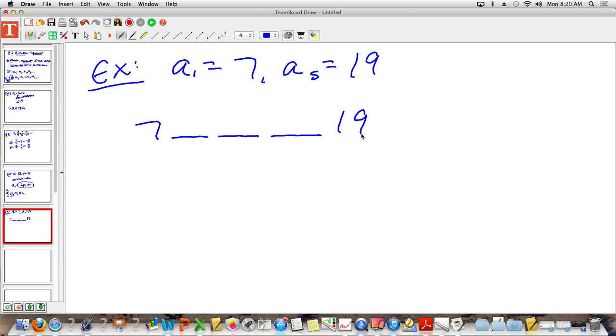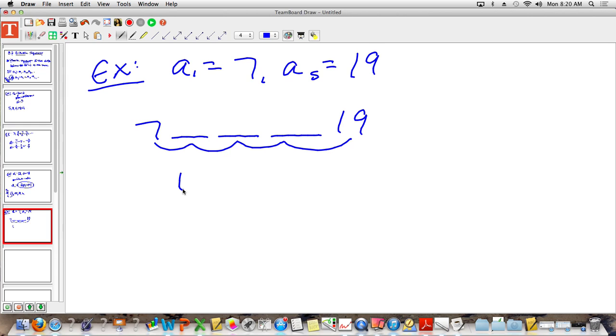So I know that the difference between these two numbers has to be split into 1, 2, 3, 4 parts. I have to figure out the difference between the first term and the fifth term, and then split it into 4 parts. Because this difference is not the difference between the first and the second term, it's the difference between the first and the fifth term.